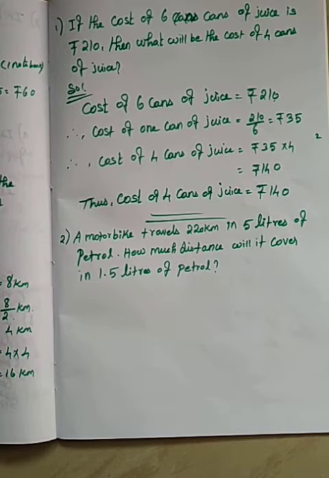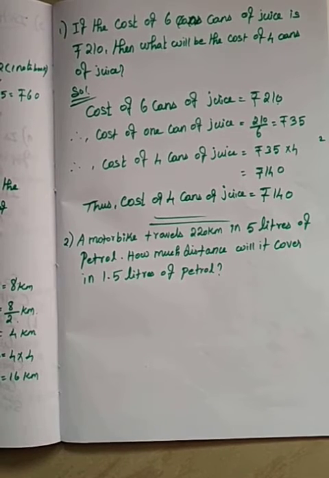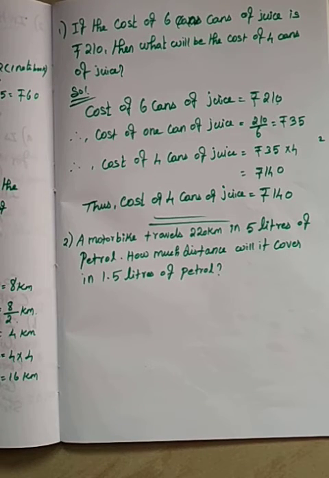See the question. What is that? A motorbike travels 220 kilometer in 5 liters of petrol. Now you have to find how much distance will it cover in 1.5 liter of petrol. See, first you have to find 1 liter of petrol motorbike travel. After that you have to find 1.5 liter motorbike travel.